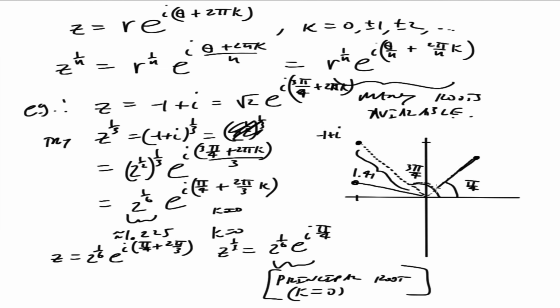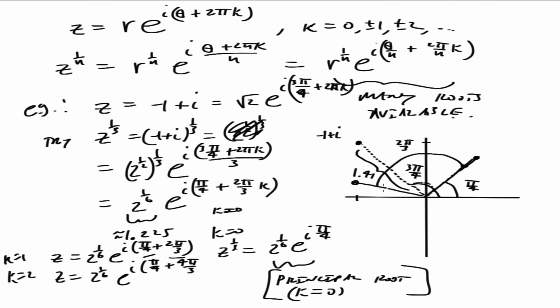So now we have another root. What we've done here is we've gone from here to there, and that's 2 pi over 3 in angle. We started from pi over 4 right there, and we've added 2 pi over 3 to get to there. So that was for k equal to 1, but now k is equal to 2. We have z equal to 2 to the 1/6 e to the i, pi over 4 plus 4 pi over 3.